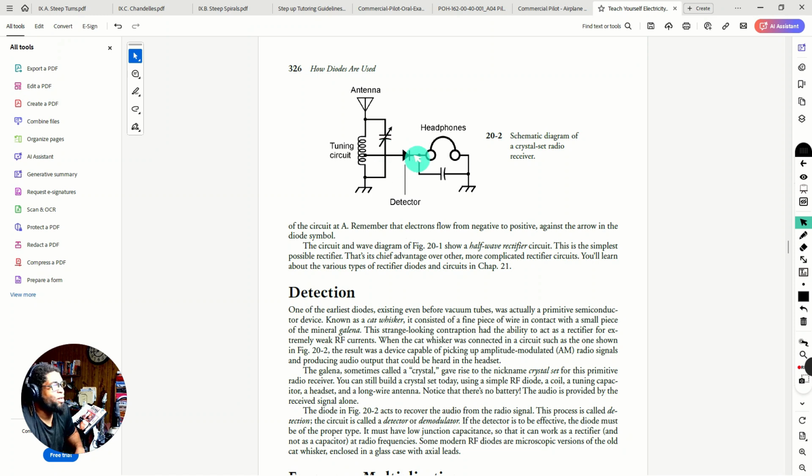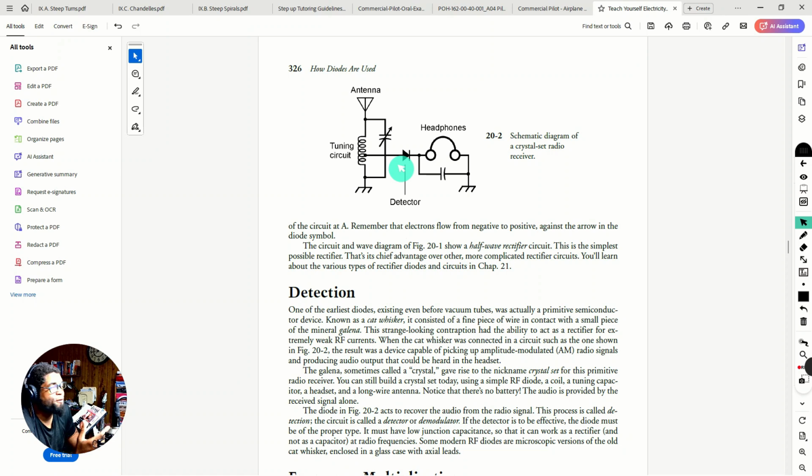And the detector here, what the diode's doing in this situation, so a radio frequency has a carrier frequency. The carrier frequency is what carries it through the air over long range. And that audio frequency is mixed in with the carrier frequency to get it to a receiver.